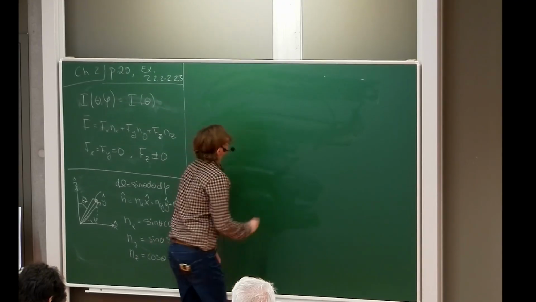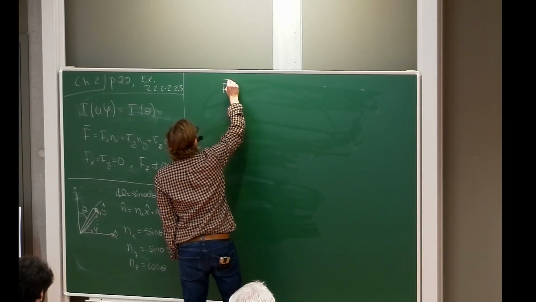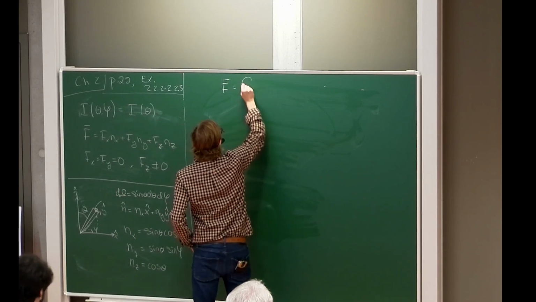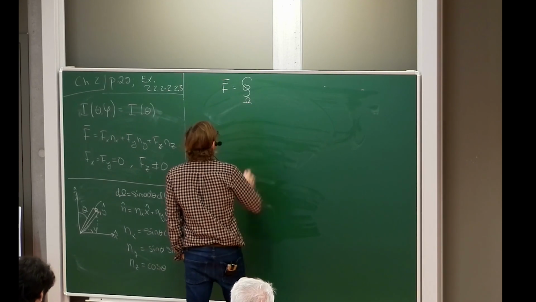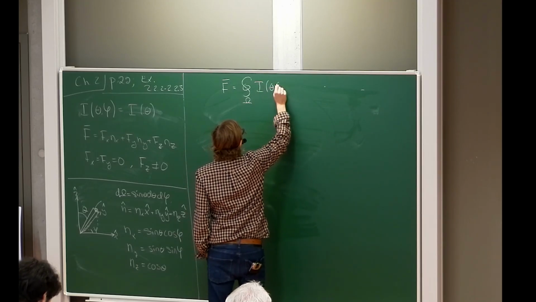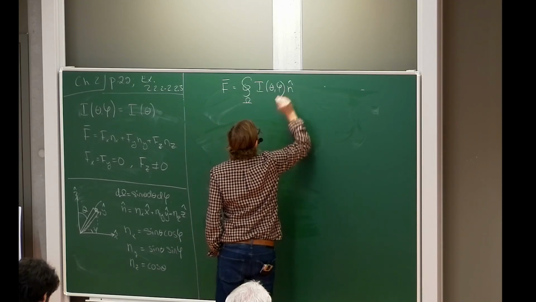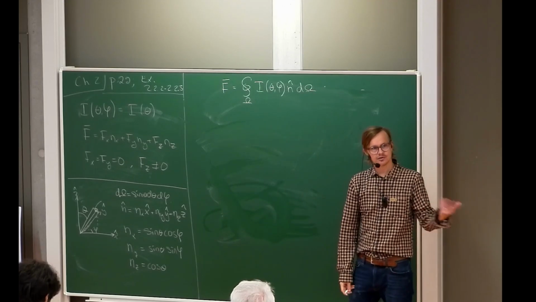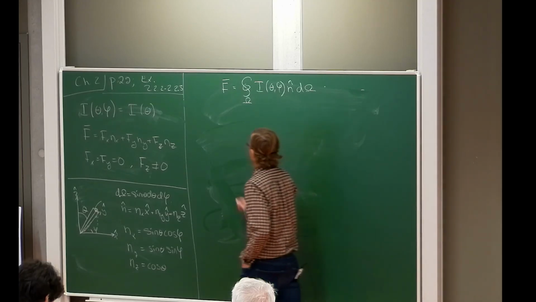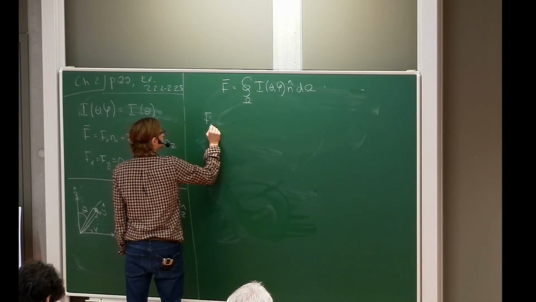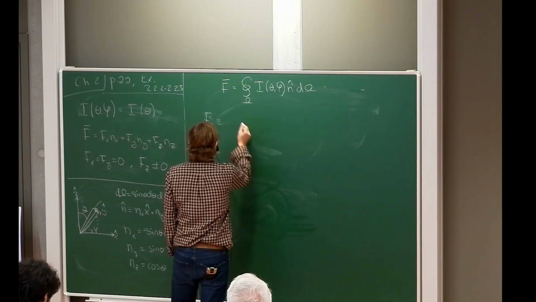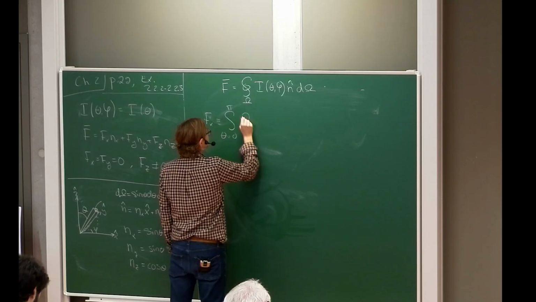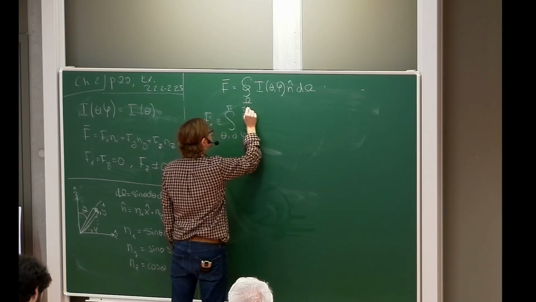All right. So, in general, we said, okay, now we have our flux vector, which is then the integral over all solid angles of I, in general theta and phi, times n hat, and then we have the d omega. So now we're going to do this specific case. Fx is then going to be the integral over theta from 0 to pi, the integral over phi from 0 to 2 pi.